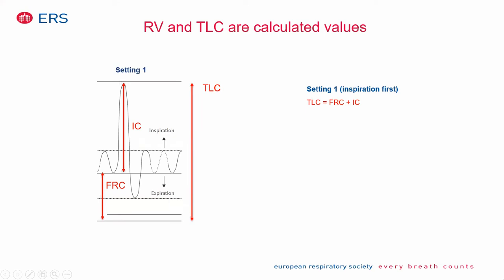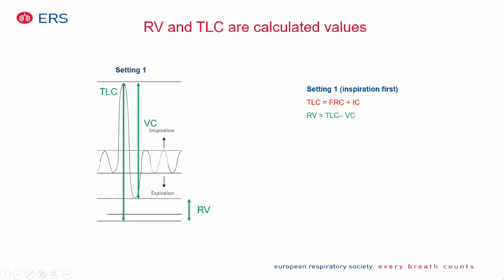I take full air, and so I can calculate the total lung capacity. And then from this, I have a full expiratory maneuver, and you can then calculate the residual volume. So the residual volume is calculated by 2 equations, one after the other.